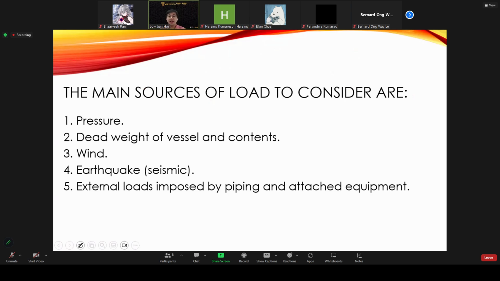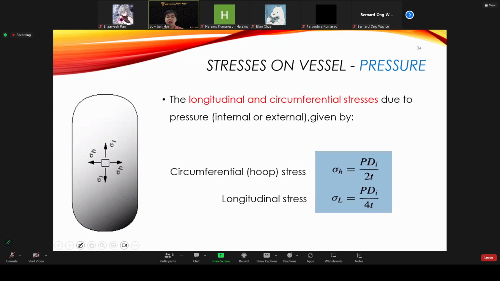So as I told you just now, there are a lot of other stresses we need to consider in order to make sure our pressure vessel can be safely operated. The first one is the pressure. This one should be no problem because our thickness is calculated based on the internal or external pressure. But when we analyze all the stresses due to pressure, they can be further divided into circumferential stress and longitudinal stress.